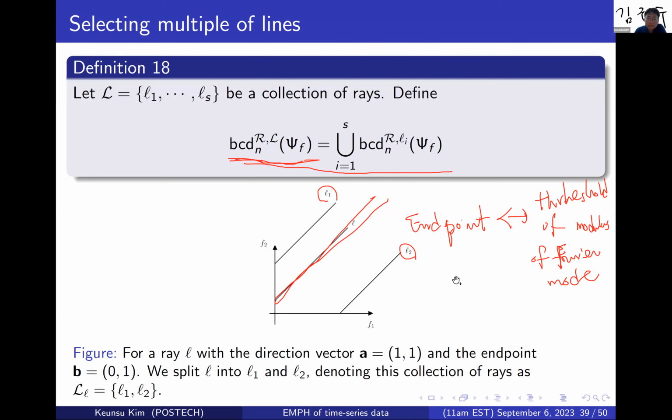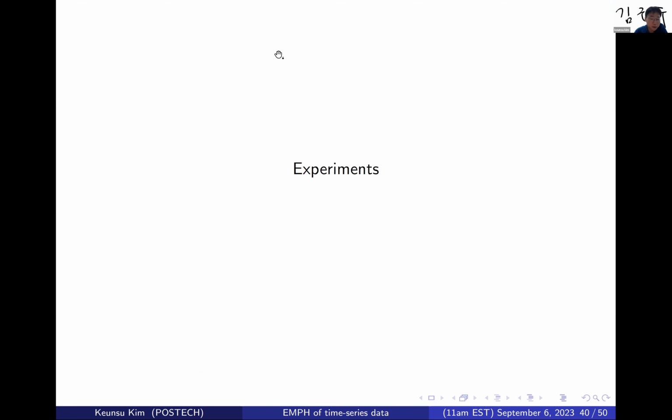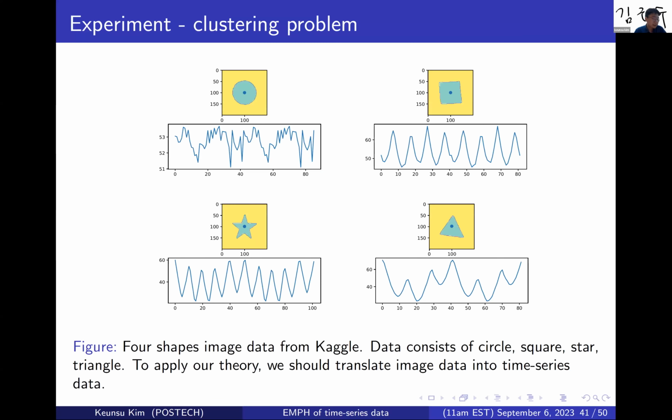So I apply our theory to a toy example. This is four-shape data from Kaggle. Our theory is for time series data, so we should pre-process the image data into time series data.